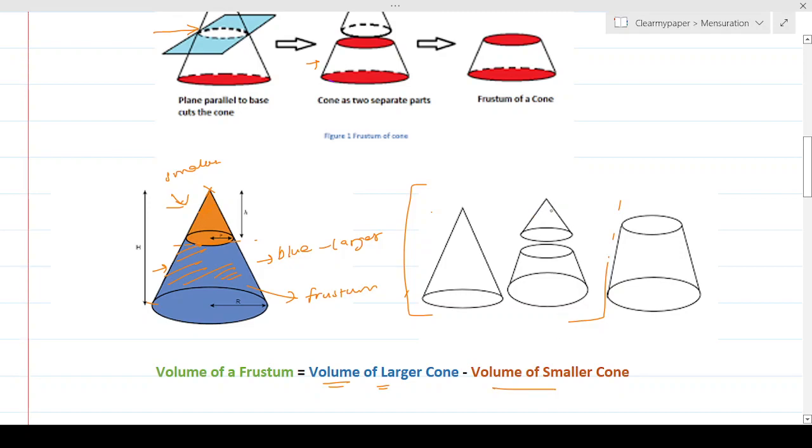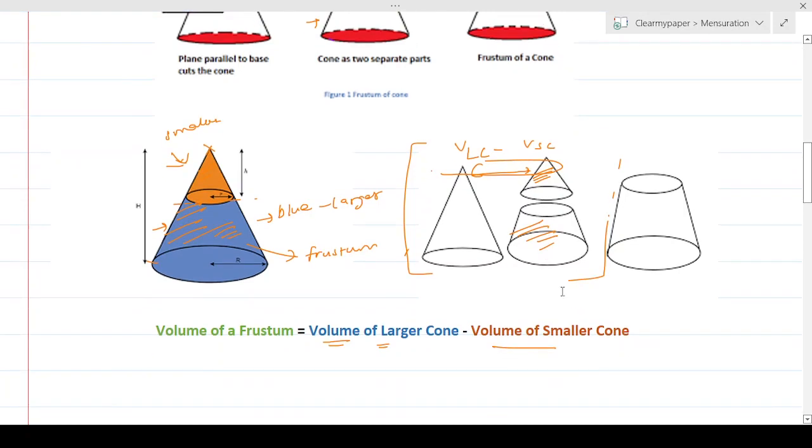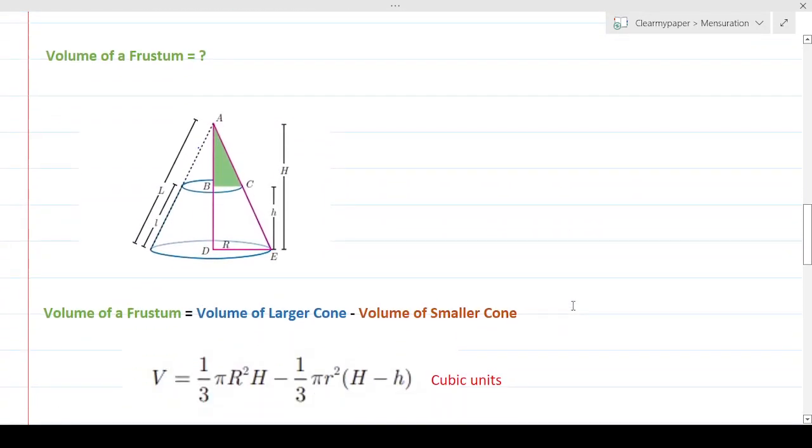So, volume of the larger cone minus volume of the smaller cone, to get the volume of this, okay? That's what I'm going to do. So let's see how to do that. It's very simple, okay? Now we are going to find the volume of a frustum based on the above intuition.